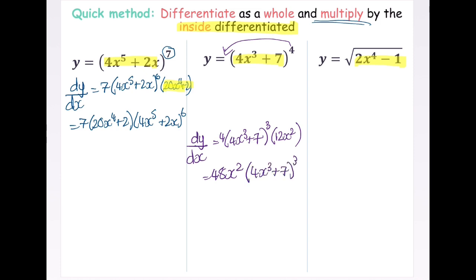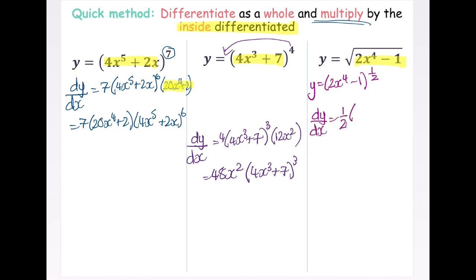Okay, last one. Now this one isn't easy to differentiate in its current form, so I'm going to write it using indices. So y equals (2x to the power of 4 minus 1) to the power of a half. Okay, so now I'm going to differentiate it. dy by dx, same rule. So bring the power down. I've got a half.